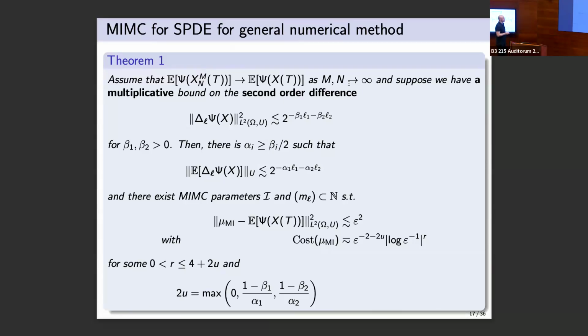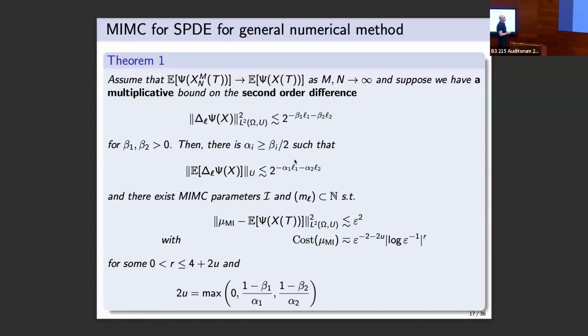And suppose on top of that, that for these double differences, we have a mean square error multiplicative convergence rate. So it converges multiplicatively in the time and space directions. So it should be like delta t to some power multiplied with delta x to some power, if you prefer that kind of notation, for some parameters beta 1 and beta 2.